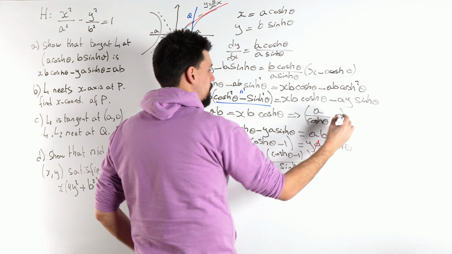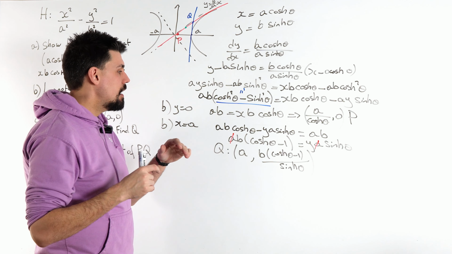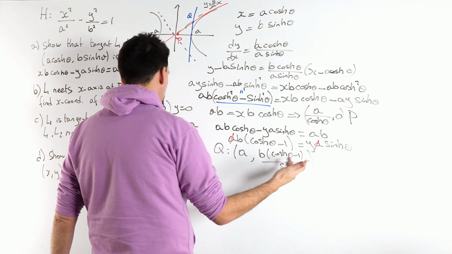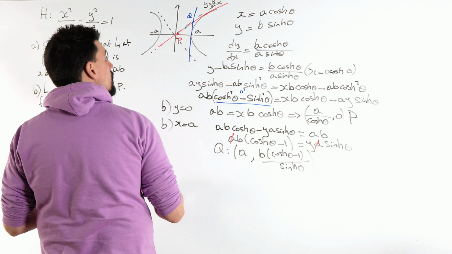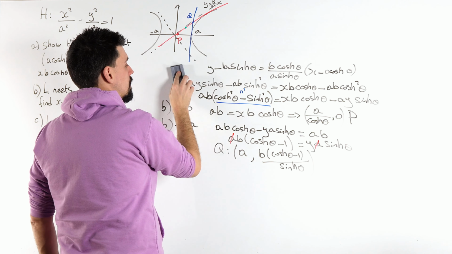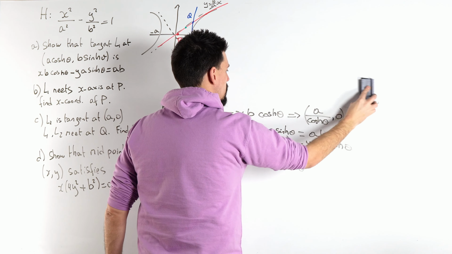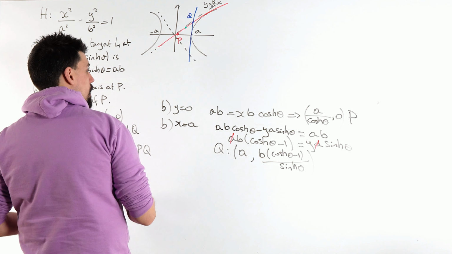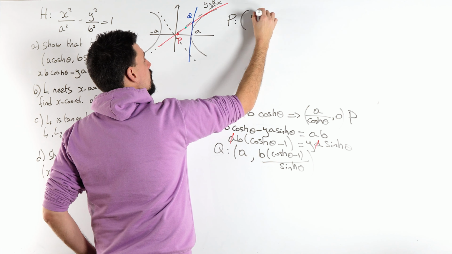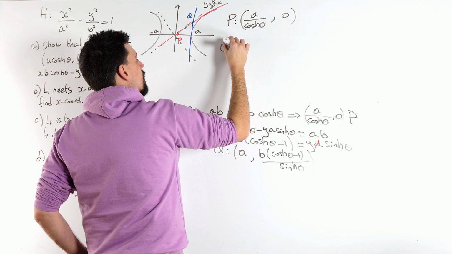So I've got P here, and I've got Q here. Now what we want to do is find the midpoint of that and see what properties it has. Let's junk some of this away for now, because we don't need it anymore. So P, we said, was the point (A over cos theta, 0).